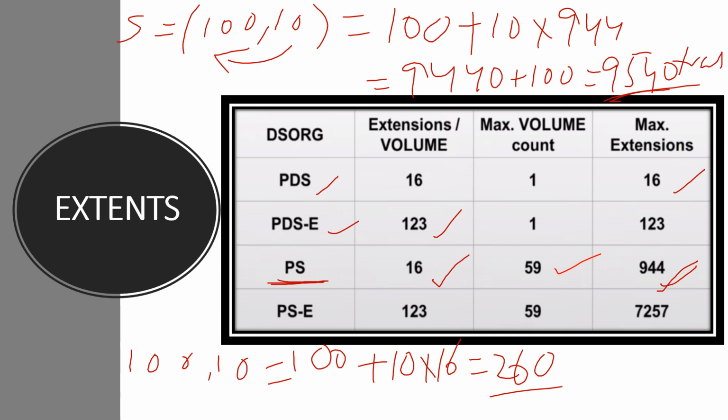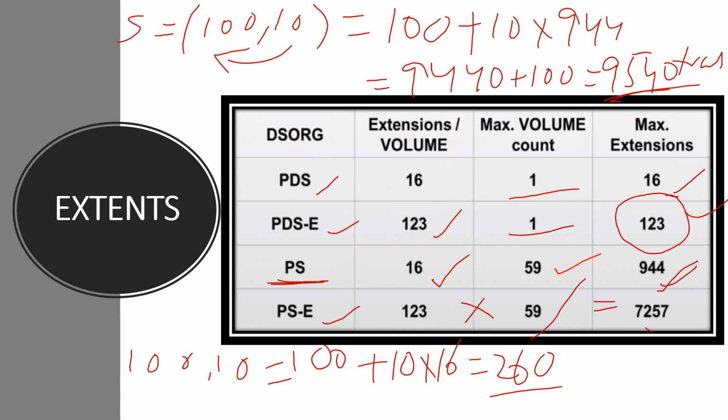But as PDS and PDSE can extend only up to one volume, that maximum extents is also 123 extents. But coming to PS extended, PS can span up to 59 volumes. So here comes 59 times 123, which is 7257.